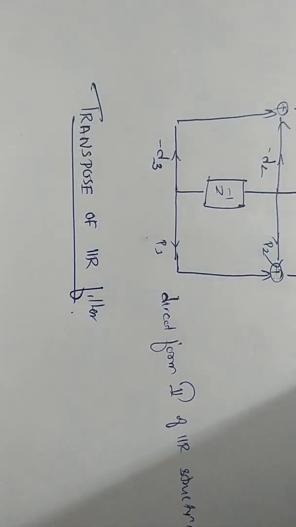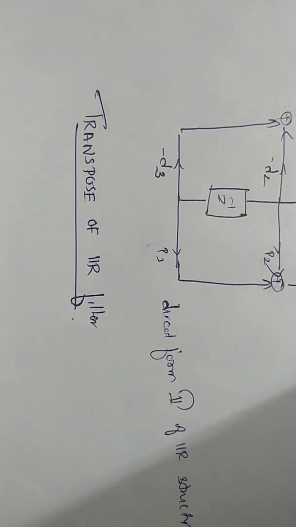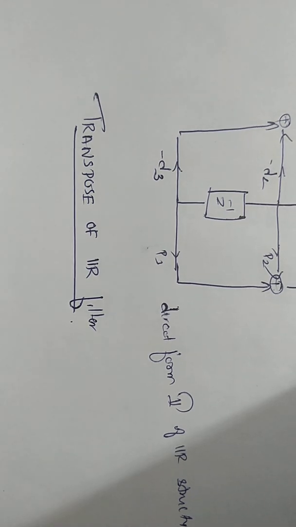In the earlier case we needed 6 adder elements and 6 memory elements, but in the transpose structure we have reduced it to 3 delays and 4 adders. Now let's check into the transpose of the structure.